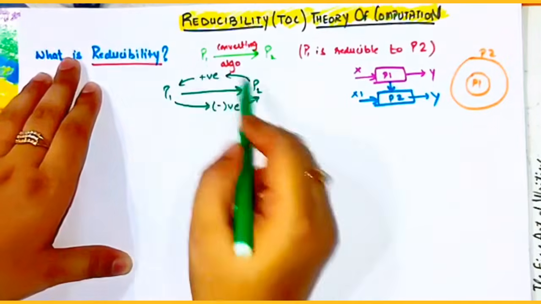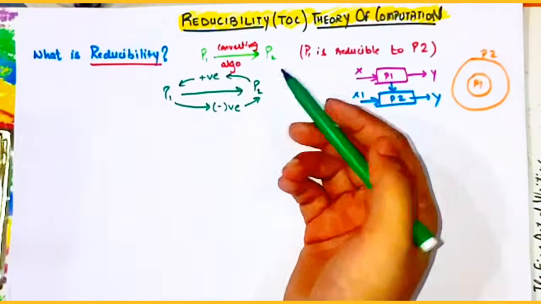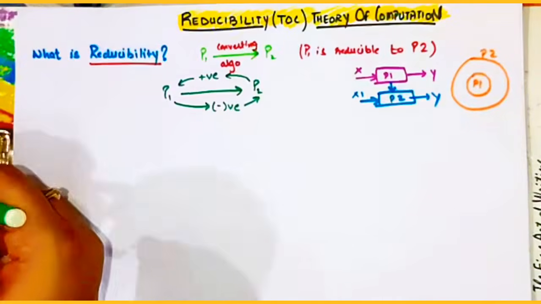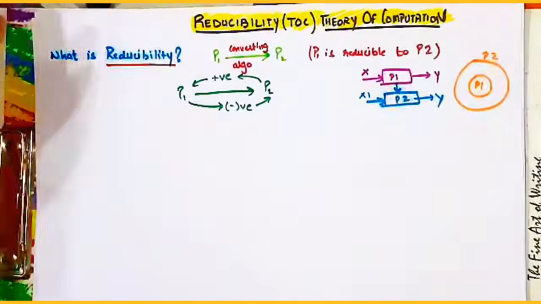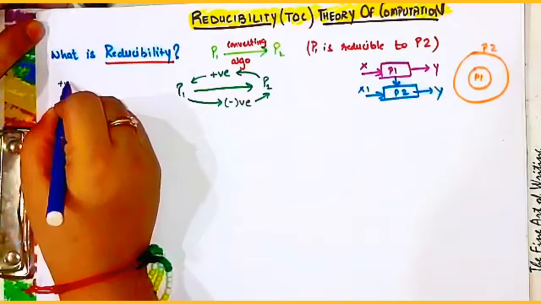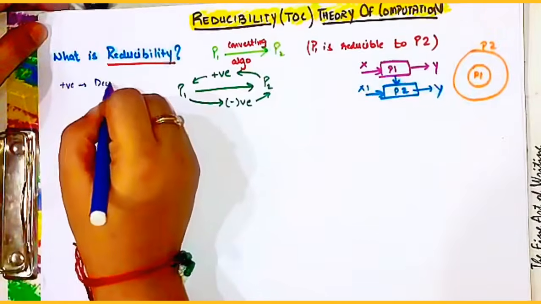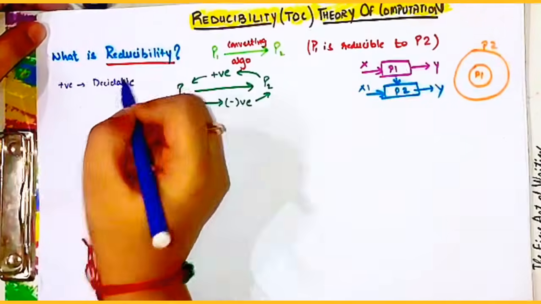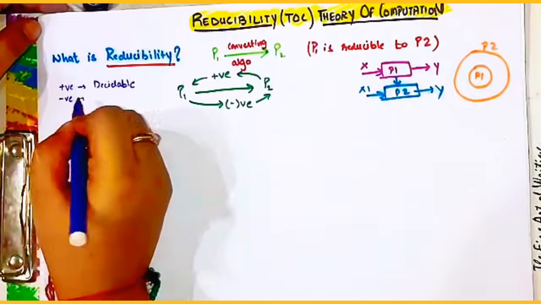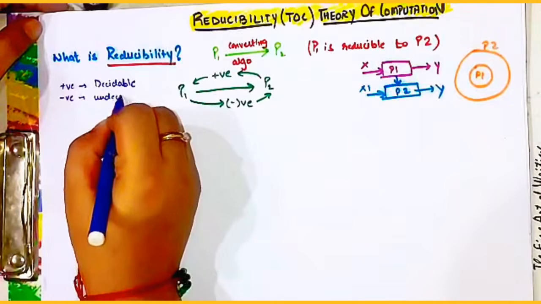This thing will quickly get clear. Watch the video till the end. Now what do we mean by this? Now I am writing positive for decidable and negative for undecidable.